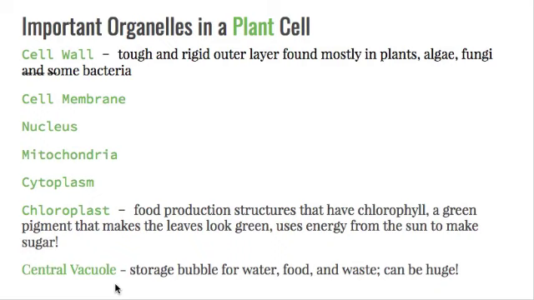But in plants, it most likely is holding on to water. They need water, whether the water's coming up from the roots or it's coming from other sources. So that is some of the distinct differences between plant and animal cells.